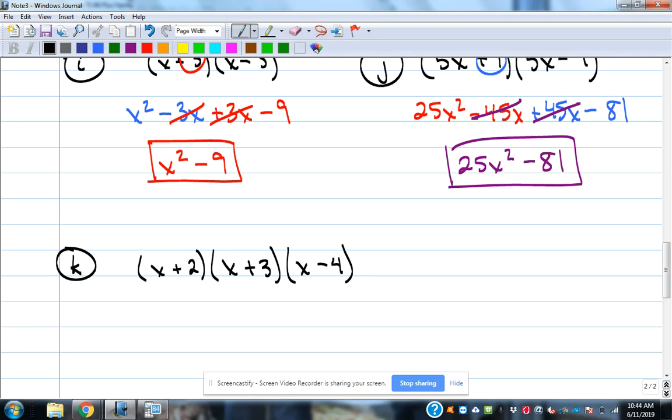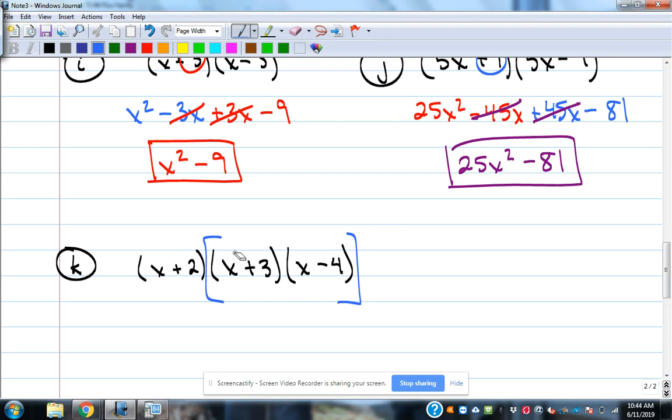It doesn't matter which 2 you pick to start with. I'm going to pick these 2 together first, just because I like to work from right to left here. The reason I've always done it that way is I'm less likely to forget that thing that's hanging out on the front if I put it out there in the front so that I don't forget it.